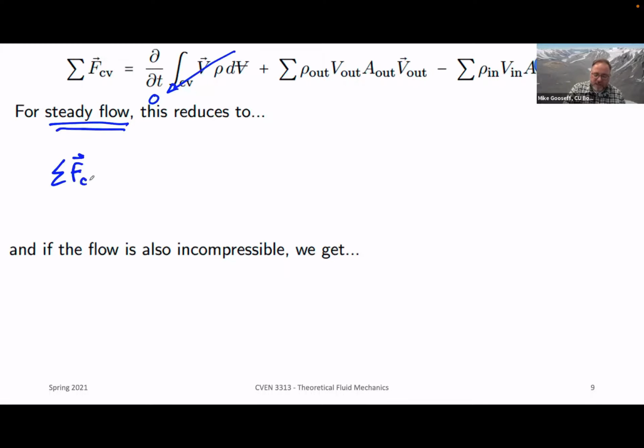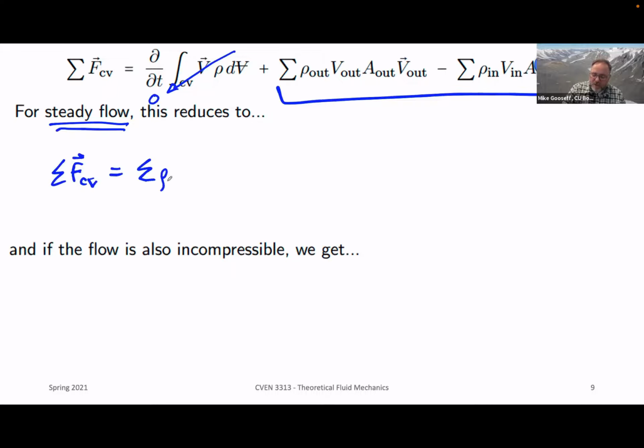But the sum of the forces acting on the control volume is equal to just these two pieces right here: the sum of the exchanges, or the net momentum flow, through the control surface.